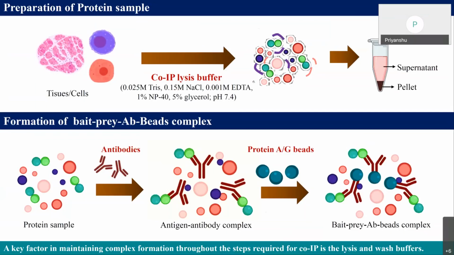Once you lyse the cells or tissues with co-IP lysis buffer, you get the protein along with all the cellular debris. After centrifugation, you get the supernatant, and in it there are many thousands of proteins.